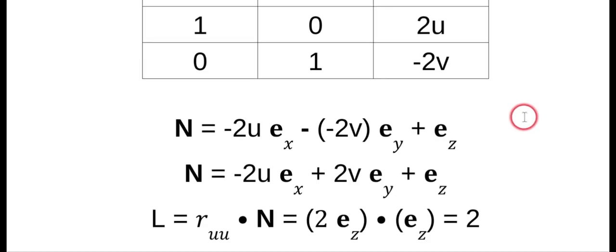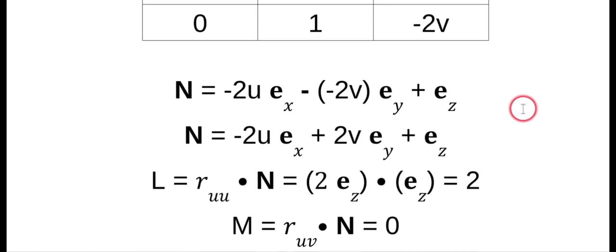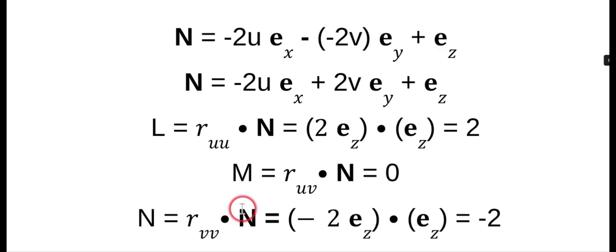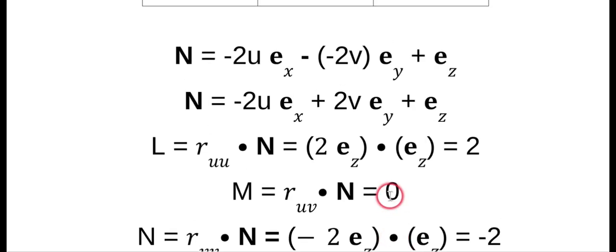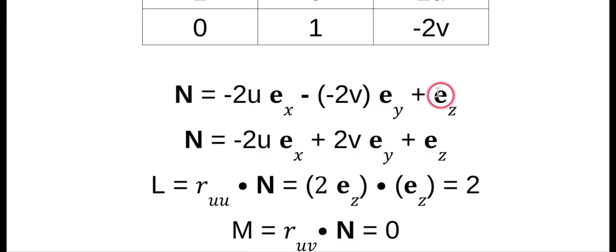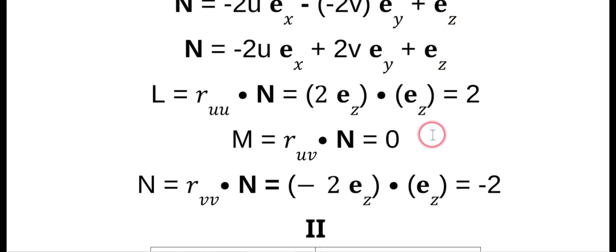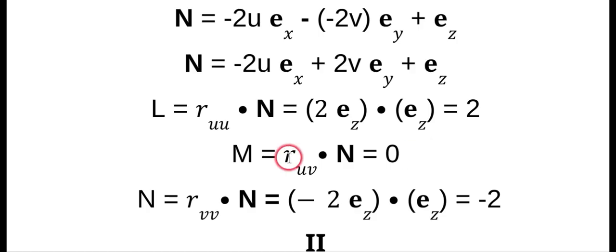Okay, so now we can go do the products that we needed. So we need to take the dot product of RVV with the normal. RVV was what? Minus 2EZ, and we're dotting it with the normal, where the only EZ component here is 1, so we get a negative 2, get 2.